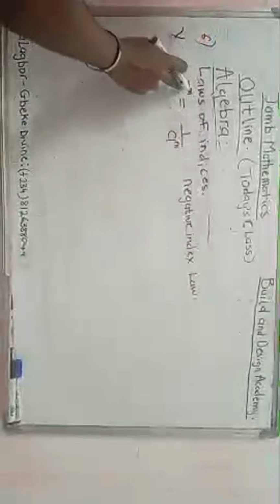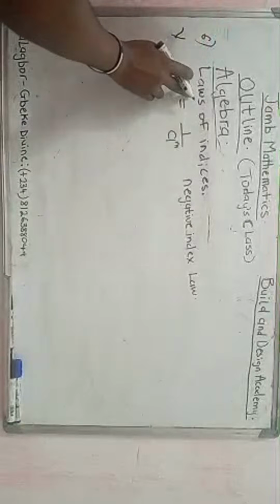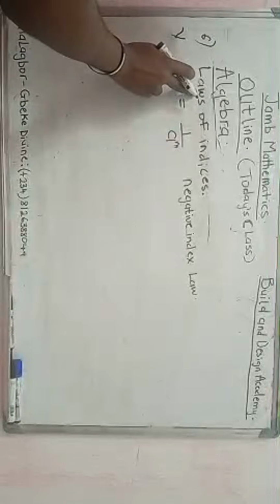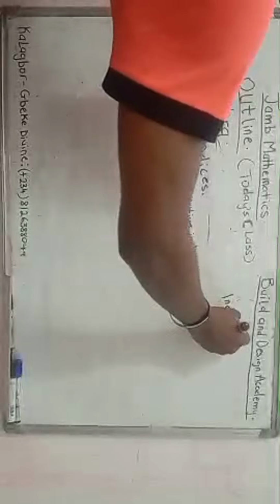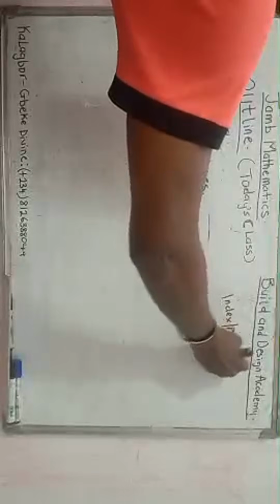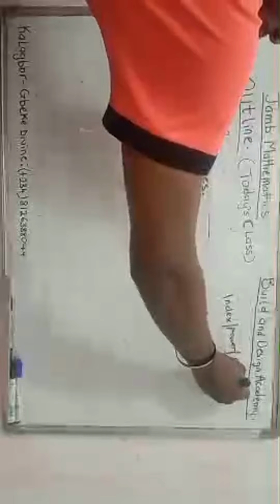They call it negative index because the power is negative, and this thing is called an index, a power, or an exponent. This n here is called an index, power, or exponent. Please take note of that. So the negative index law looks like this.